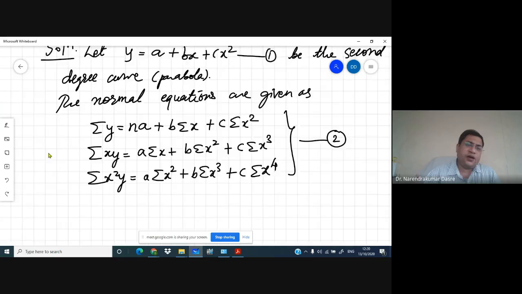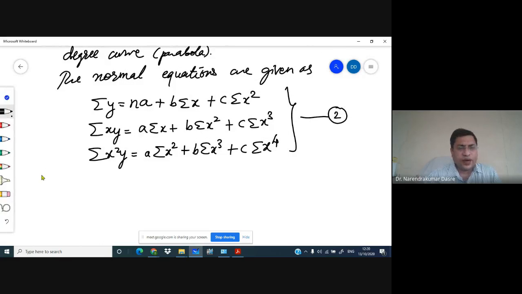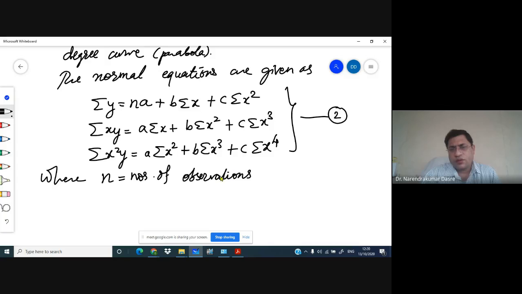Where n is equal to the number of observations, and here n is equal to 5.